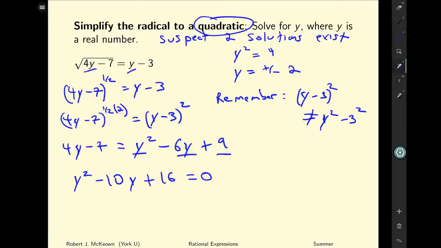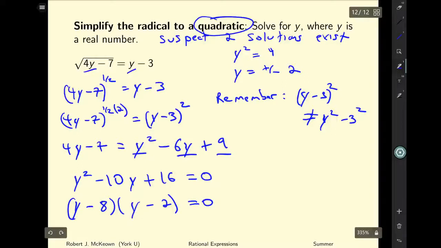Now, how can I have two numbers that sum to negative 10 and that multiplied to each other are equal to 16? Well, if I've got y minus 8 and y minus 2, I'm going to be able to factor that quadratic expression.